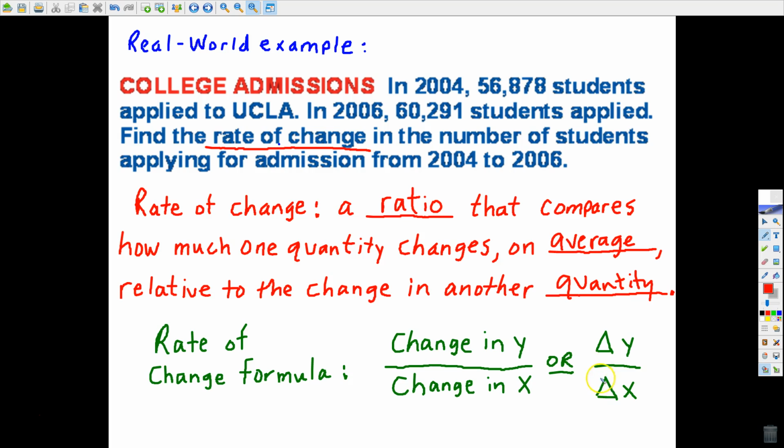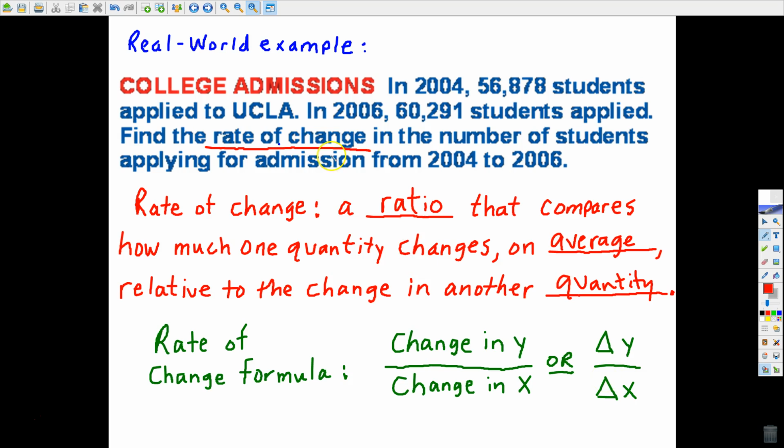Now I put this in this form because going forward in higher level math classes, you're going to see it written as delta y over delta x. The Greek letter delta literally means change, or the change in a quantity. So instead of seeing it spelled out, you're going to see the symbol, Greek letter delta.